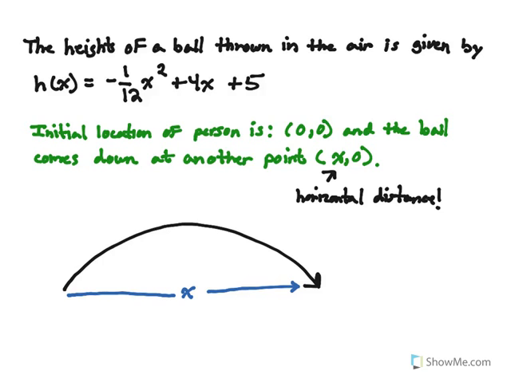All right, so the first question that I'm going to ask here is how high is the ball when it leaves the child's hand or a person's hand or whoever's throwing the ball, okay? So when you see a problem like this, it really doesn't matter who's throwing it, okay? Think of it as the ball's going to take a projectile path. It's going to take a curved path, right?